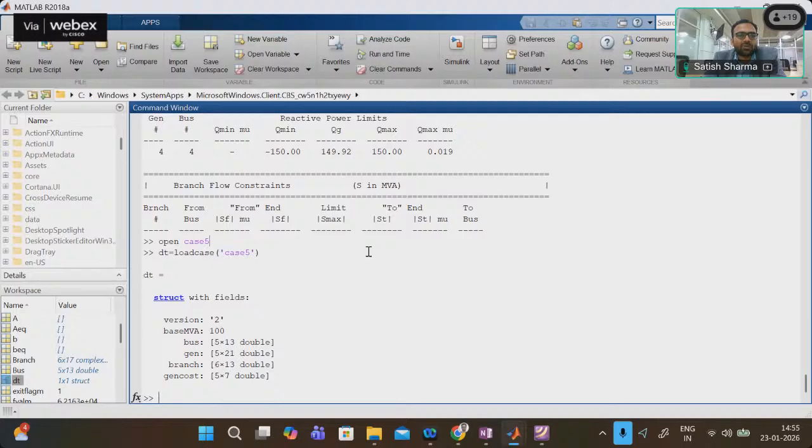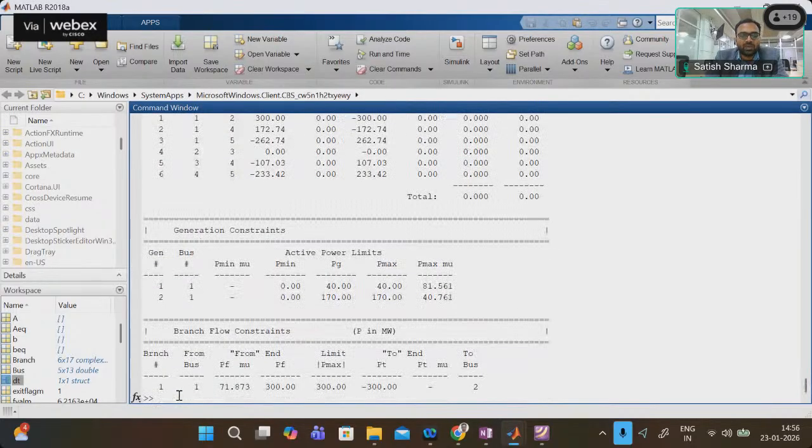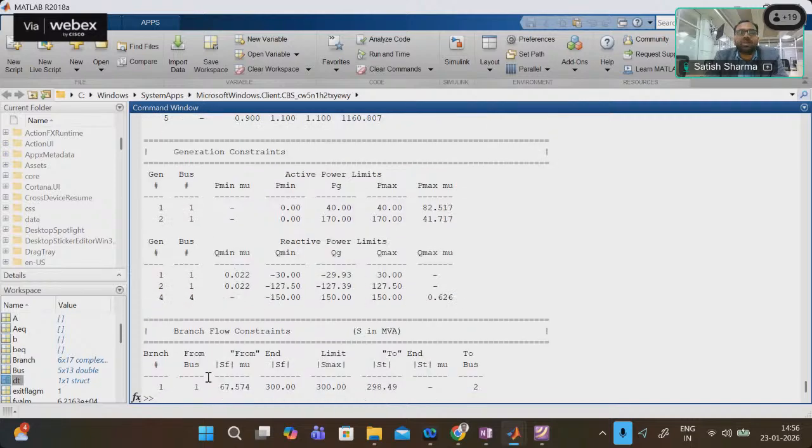Just to see the effect of congestion, let me put dt dot branch, the very first branch, 6 to 8 equals to 300. Let's put it there, then run DCOPF for this particular dt, and then run OPF for these modified values of dt and see what the results are.